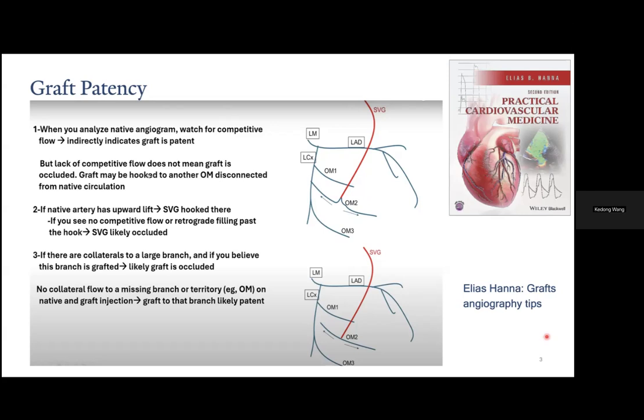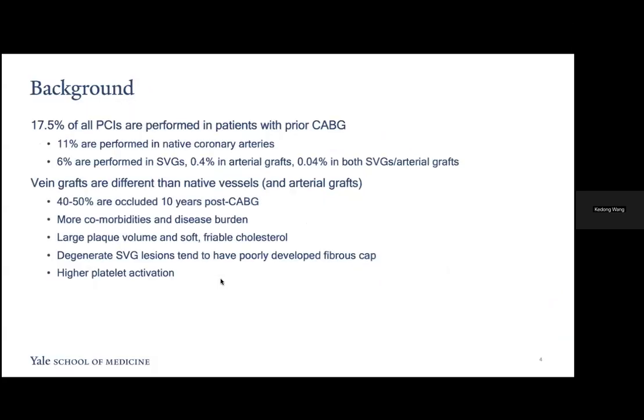And if the native vessel is occluded and there are no collaterals, then there's probably a graft that you should look for. Whereas, if there are large collaterals to that particular territory, it might be possible that the graft itself is occluded. Obviously, these are dependent on the timeline at which the patient was grafted, and there are other considerations such as that.